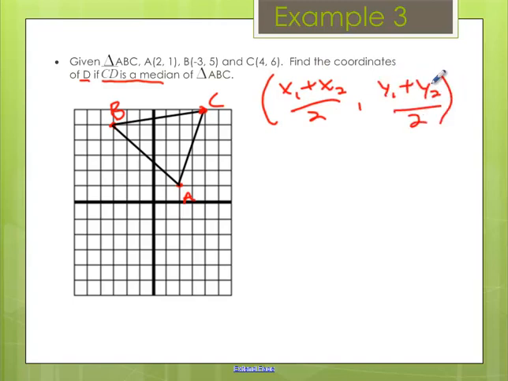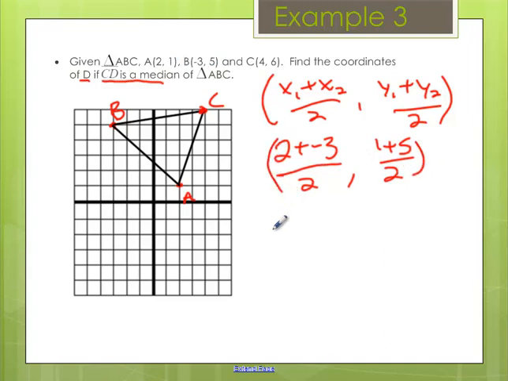We should have this memorized by now, but it couldn't hurt to write it again so you see it again. And I'm going to take my x from A and B, and then I'm going to take my y's from A and B. And when I do that, I get negative 1 over 2, and 1 plus 5 is 6, 6 over 2 is 3.